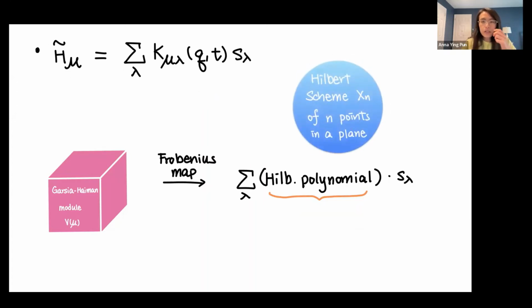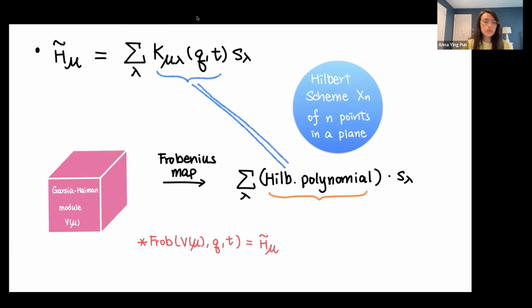So Mark Haiman realized that, oh, I can use geometry to talk about this. He used the Hilbert scheme Xn of n points in a plane, and linked these two together. Because we already knew that these are polynomials with non-negative coefficients, then of course this one is too, and that's great because these two are equal.